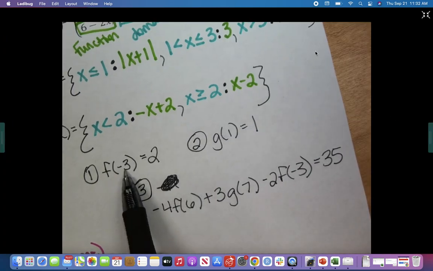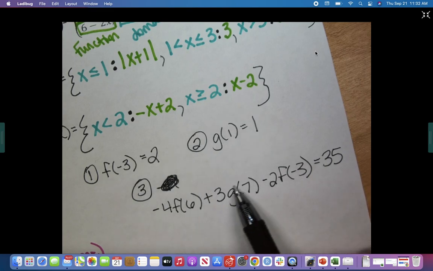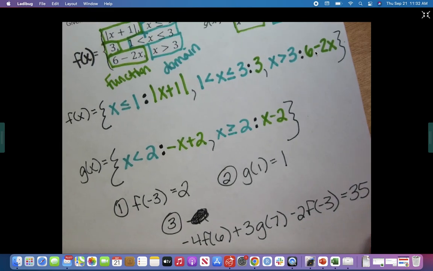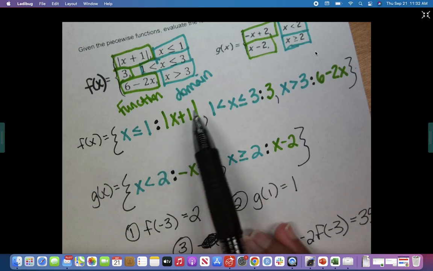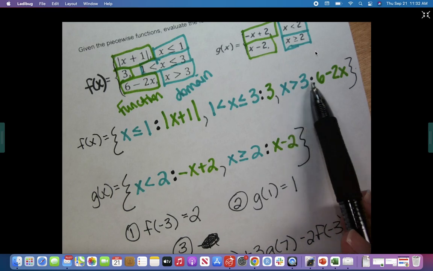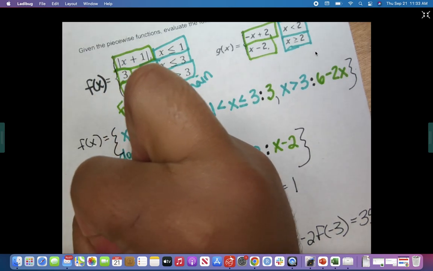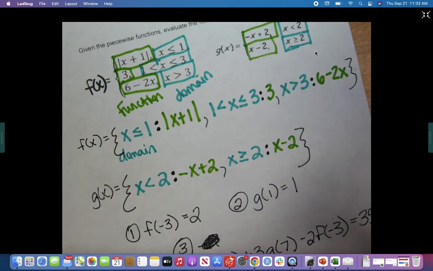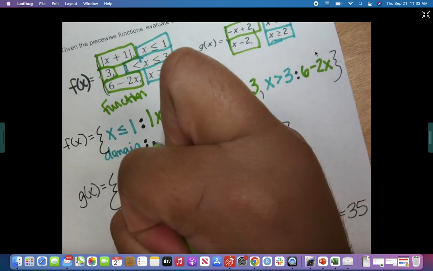So we did f of negative 3, we got 2, g of 1, we got 1, and then this crazy thing, we got 35. So again, the way you type it in, domain colon function, comma, domain colon function, comma, domain colon function. So it is always, always that pattern. So domain colon function.